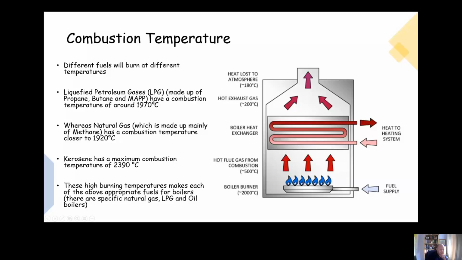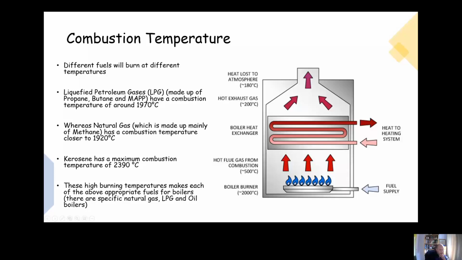Generally speaking, LPG gases, for example propane, butane, or MAP, have a combustion temperature of around 1970 degrees C. Natural gas, made up mainly of methane, burns at a slightly lower temperature, around 1920 degrees C. Whereas kerosene burns at a fair bit higher temperature, and the high burning temperatures of these make all of these good fuels for boilers.